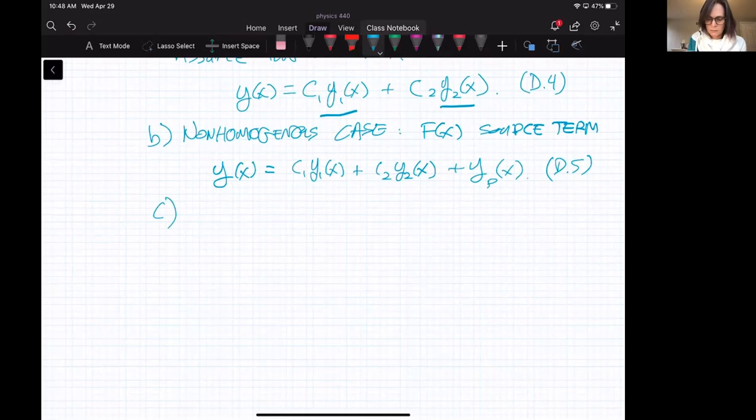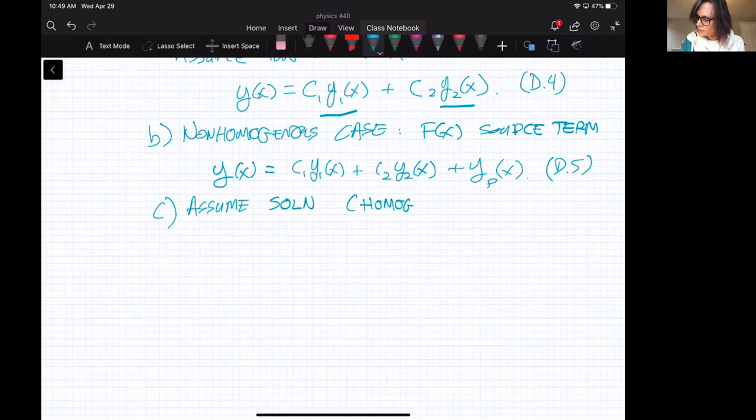But let's make life simple for us. We're going to assume a solution now, and we're going to consider the homogeneous case and positive powers.